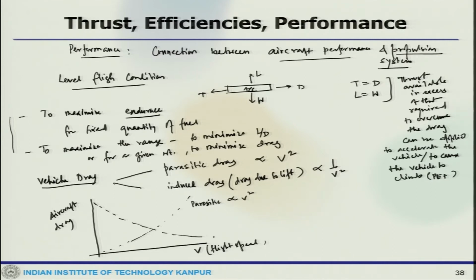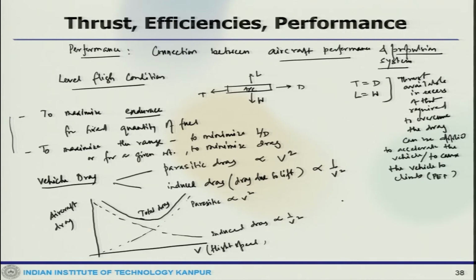This is induced drag, which is 1 by V square. In between, to compensate, the total drag will go like this. That is the total drag. These are the different components of the drag.